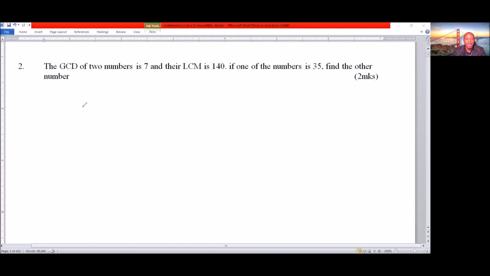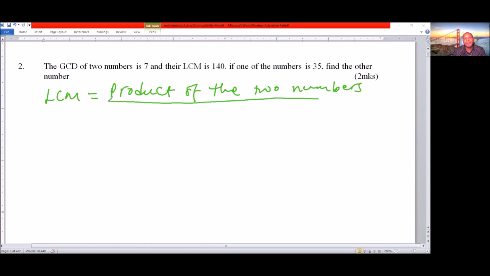Okay, you can do it in 2 ways. One, we can say LCM is equal to the product of the 2 numbers divided by the GCD of the numbers.